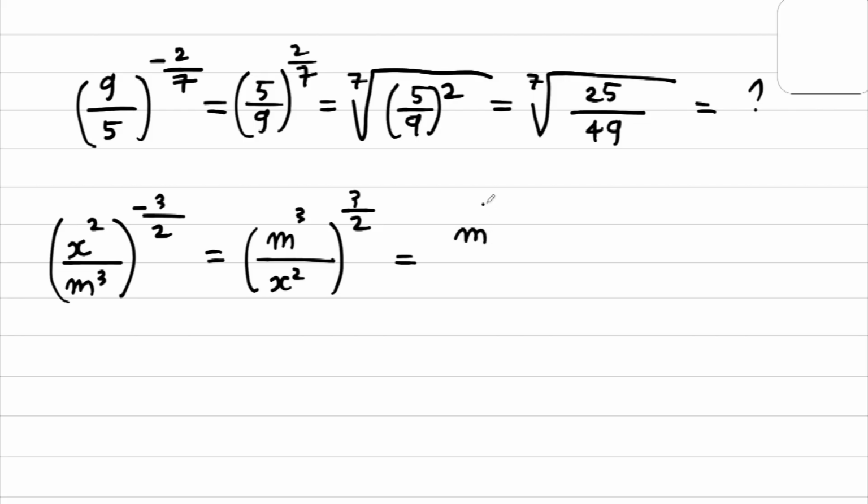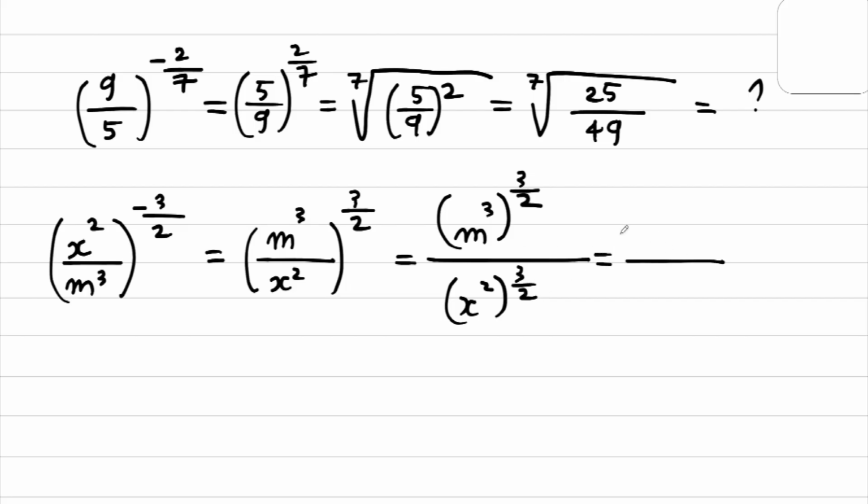It means I will have m cubed and 3 to the power of 3 over 2 in this writing, and for this one inside the bracket 3 over 2 here. Multiply inside and outside the bracket together, I will get m to the power of 9 over 2 here, and for this one x cubed, because 2 times 3 over 2 will be 3 here.